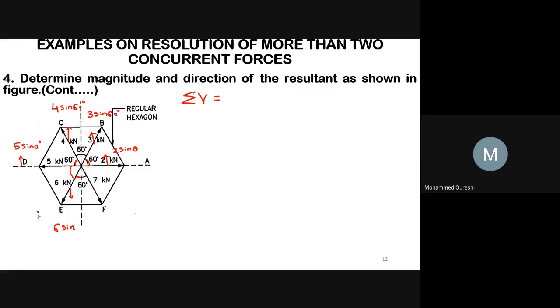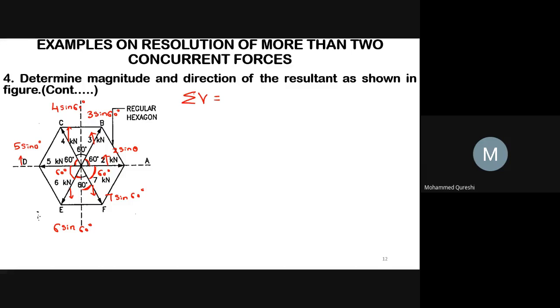So with reference to horizontal, it will be 60 degree, sine 60. This will be 7 sine, till here it is 30 degree. So with respect to horizontal, it will be 60.